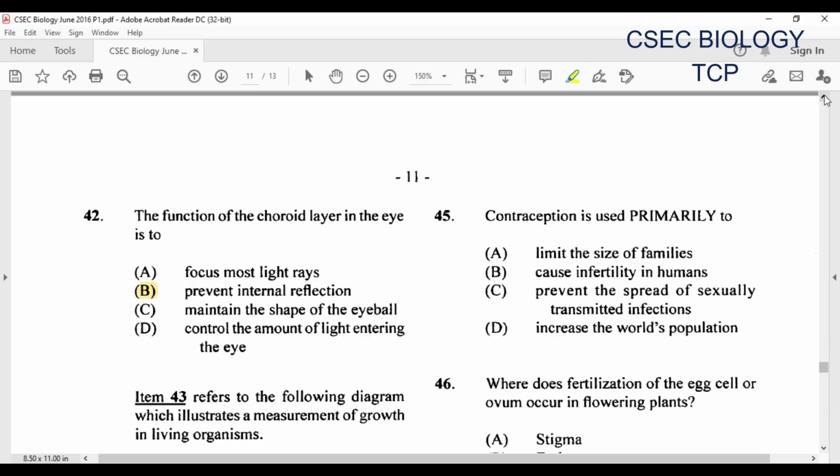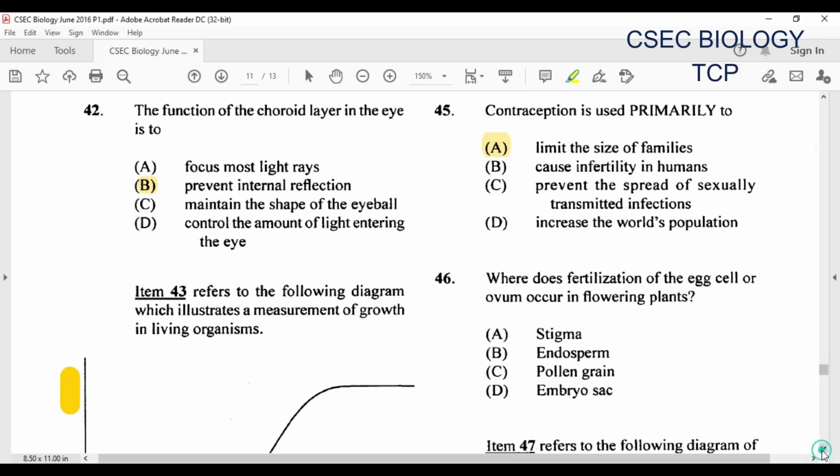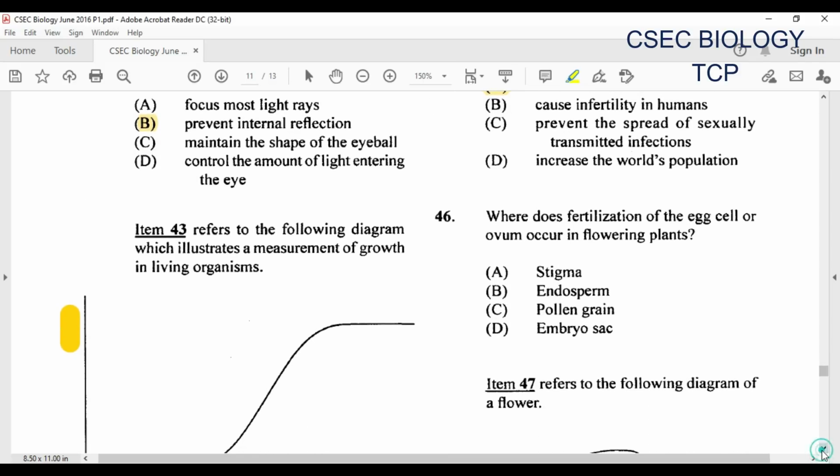Not all contraceptives would do that. Increase the world population? No. But while this would have made its round on the paper, it is slightly different every time you see this particular question. So you want to ensure that you read the questions properly, and of course read the options. It's a multiple choice paper, and in some cases you might be lucky to get 100%. Sometimes you might get it very close.